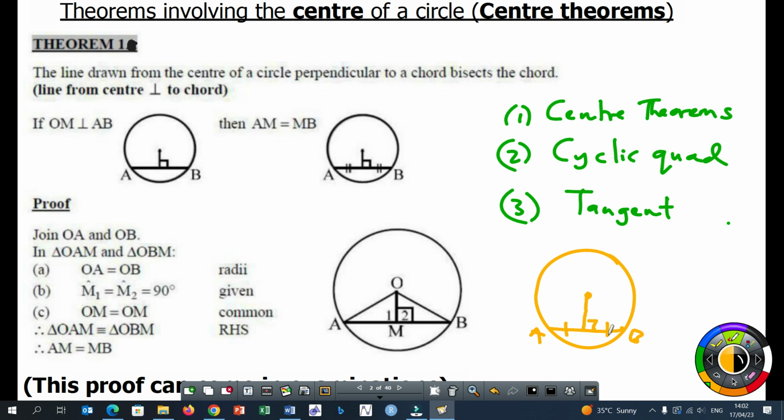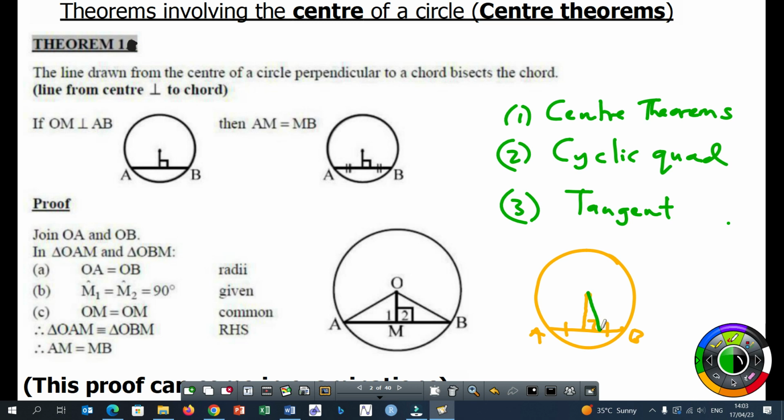Please take note here that there are 2 conditions for the line to bisect the chord. The first one is that it has to pass through the center, or originate from the center. Also, it has to be perpendicular to the chord, because you can draw a line passing through the center like this, and it won't bisect the chord.